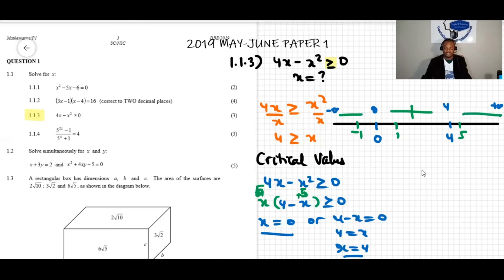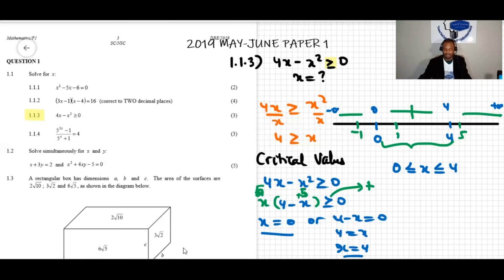Now we want the solution that is positive. The greater than symbol means positive here. So our solution lies in the interval between 0 and 4. So we can write the solution as 0 less than or equal to x less than or equal to 4.